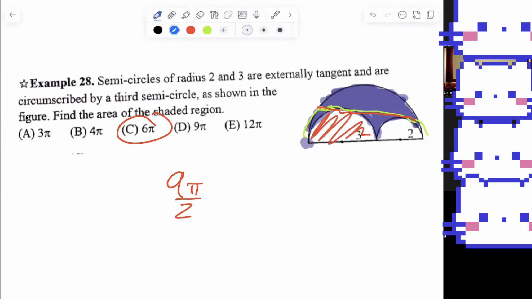The area of this circle, in blue, is 2 pi, because the area of the full circle is 4 pi, so half of it is 2 pi. So basically add them up and you get 11 pi, right? Let me see.